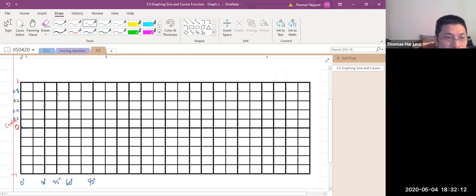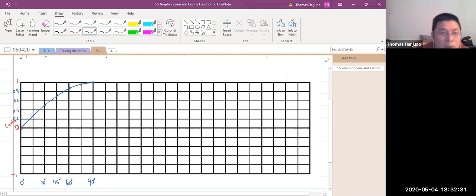So in the first quadrant, the graph will approximately look something like this. Let me make it bigger. Approximately something like this.